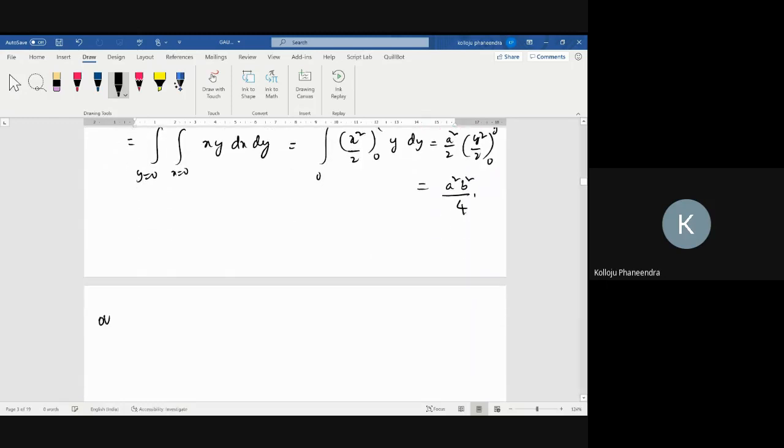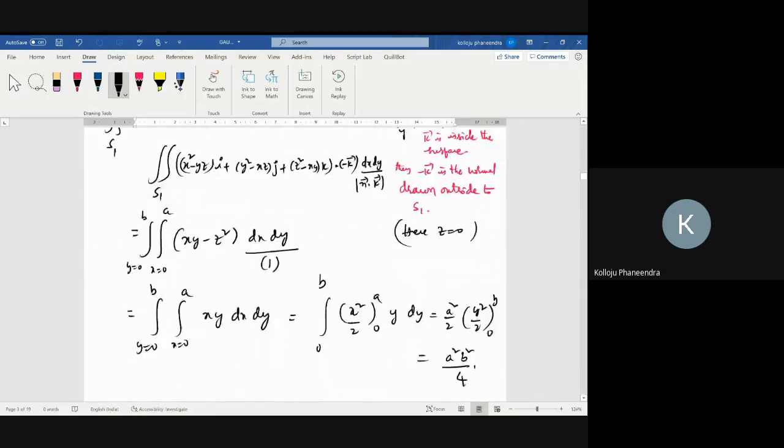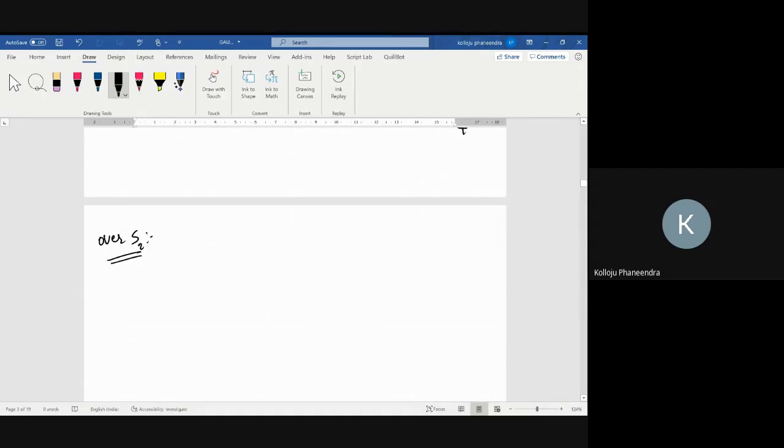Next, over S2. S2 means the top one. What is the top one's equation? See, I will show again. Just for two problems, I will draw the figure. Now this is S2.